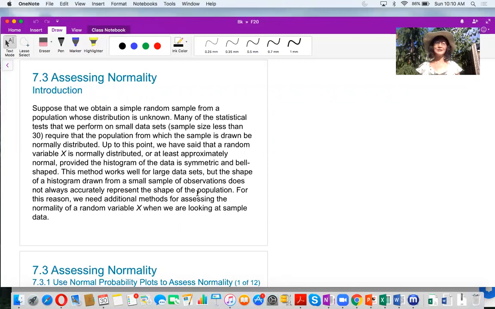This method works well for large data sets, but the shape of a histogram drawn from a small sample of observations does not always accurately represent the shape of the population. For this reason, we need additional methods for assessing the normality of a random variable x when we are looking at sample data.